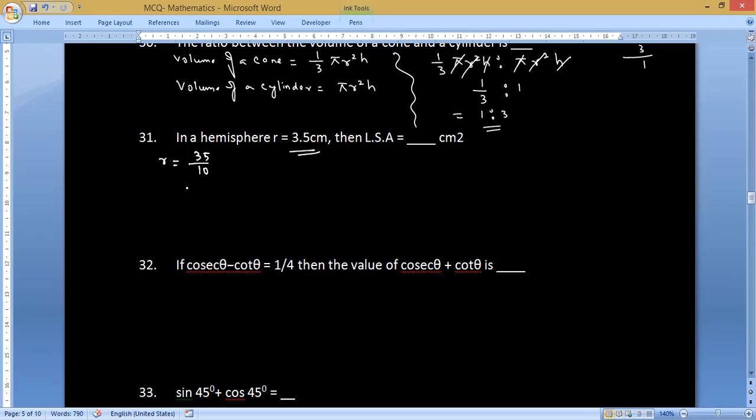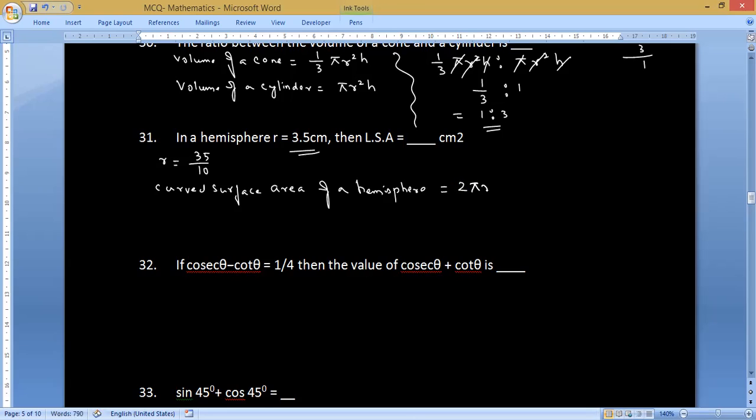The curved surface area of a hemisphere formula is 2 pi r square.